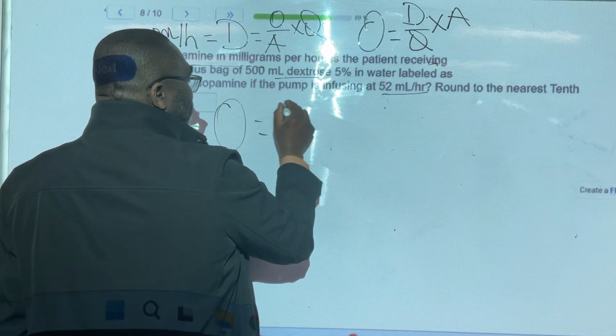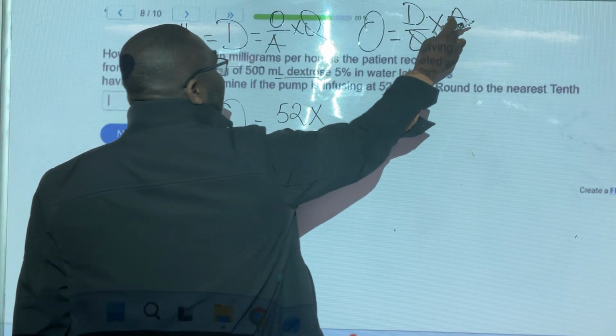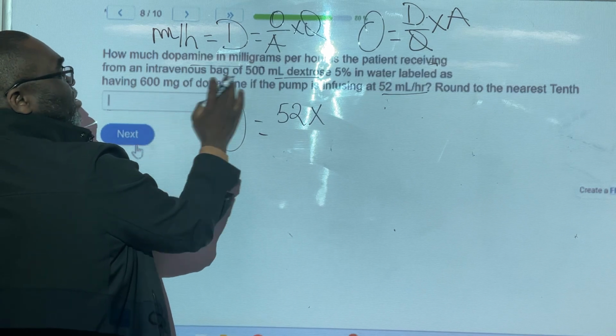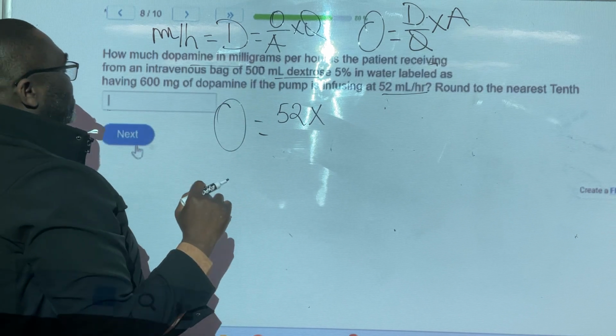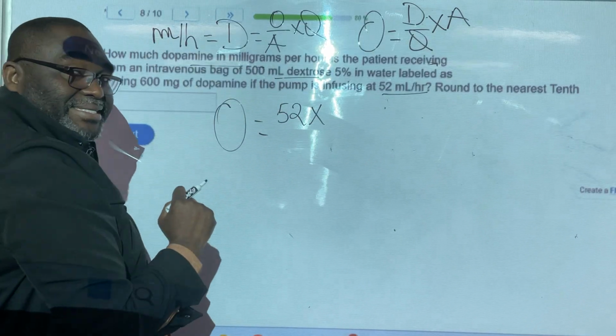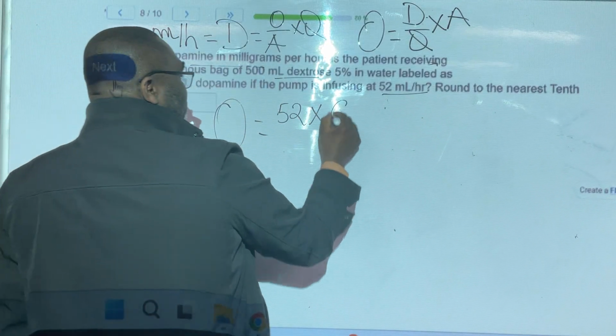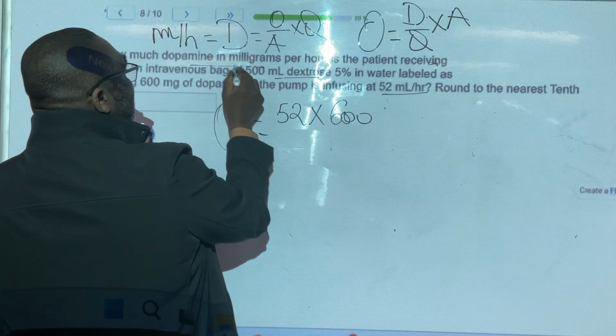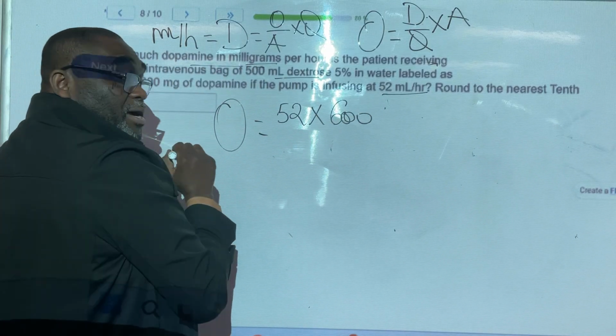So I got 52 multiplied by available. The available is the number that goes side by side with that quantity right there. Okay, so 500 milliliter having 600 milligrams. So that's my available. But just make sure, because you are looking for milligram, your available gotta be in the milligram.